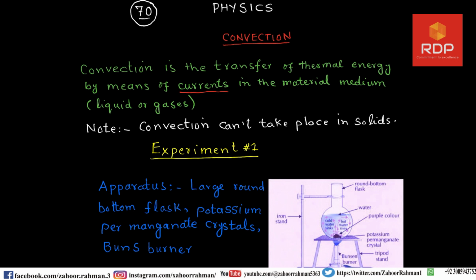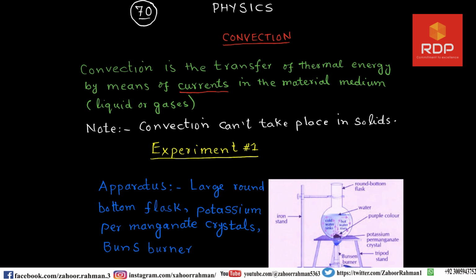Now let us revise this definition again. Convection is the transfer of thermal energy by means of currents in the material medium, liquid or gases. Because in solids, the molecules or atoms are tightly bound with each other, so convection cannot take place in solids. Remember these words, ladies and gentlemen.